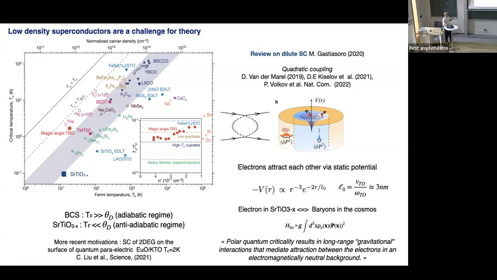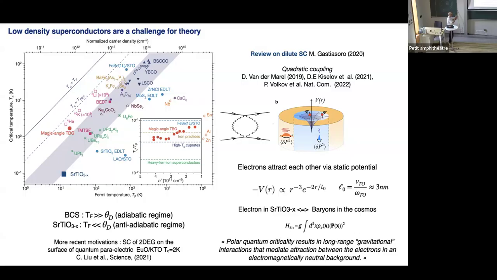Of course, here there is another low energy mode, which is the TO mode. The problem is that the coupling between the electrons and this TO mode is extremely weak. So people had to propose another type of coupling, which is a quadratic coupling, where you have an electron which couples with two TO modes. So there is a bunch of papers on this, and the sketch here.